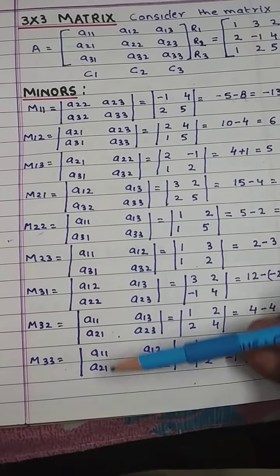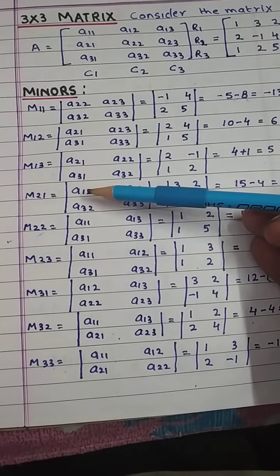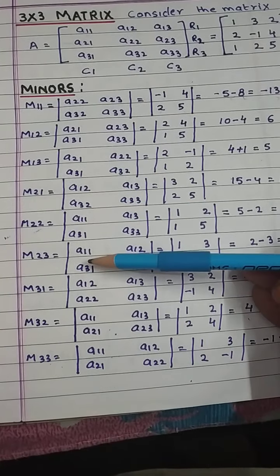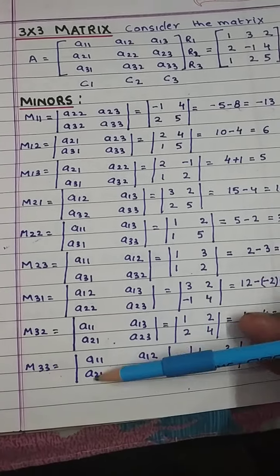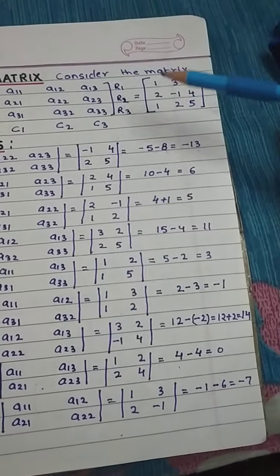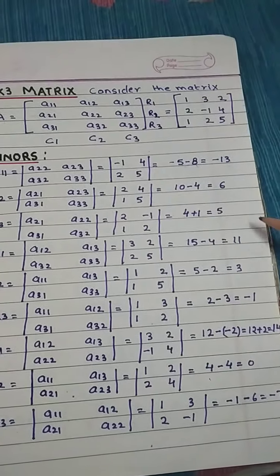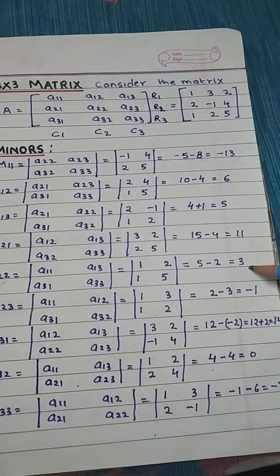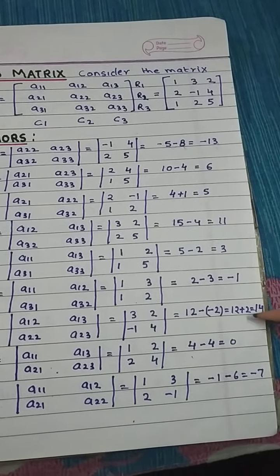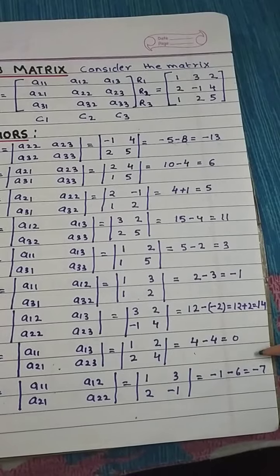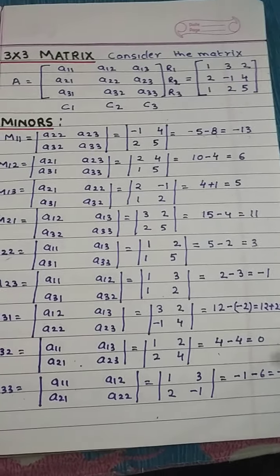This is how we are going to get M11, M12, M13, M21, M22, M23, M31, M32, M33, and the values are minus 13, 6, 5, 11, 3, minus 1, 14, 0, minus 7.